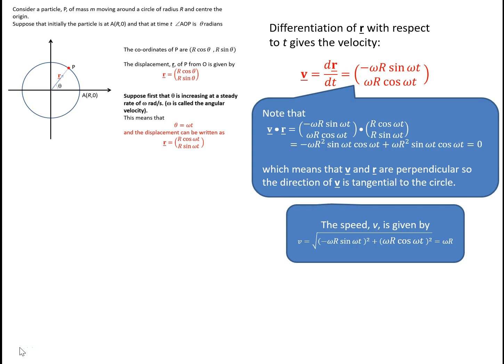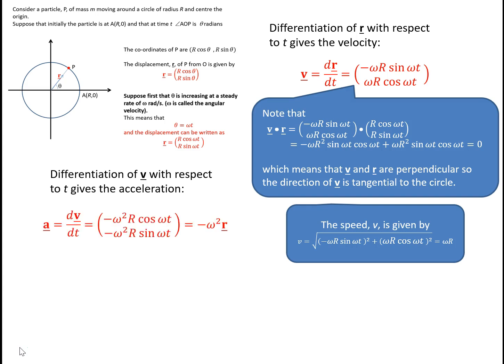Now, if we differentiate the velocity with respect to time, then we obtain the acceleration. So we know the velocity is given by (minus omega r sin omega t, omega r cos omega t). So differentiating that, the acceleration is equal to dv by dt. The derivative of minus omega r sin omega t is just going to be minus omega squared r cos omega t.